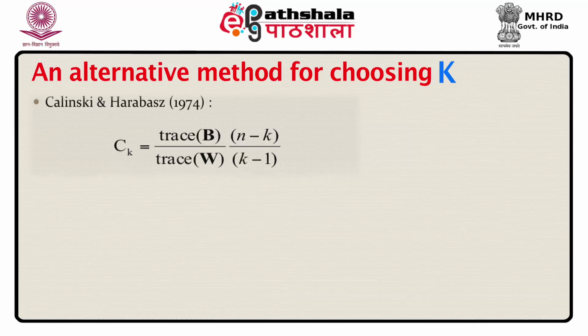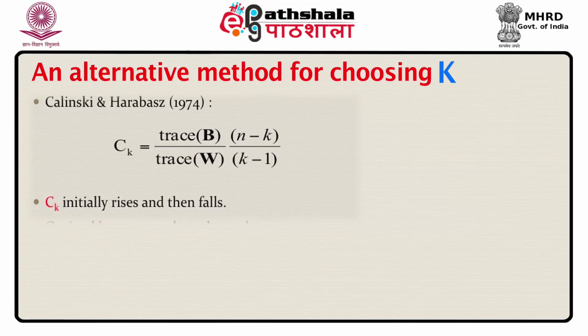In this case, they look at a statistic referred to as Ck. This is the ratio of the trace of B and the trace of W, multiplied by the ratio of the degrees of freedom, that is n minus k and k minus 1.